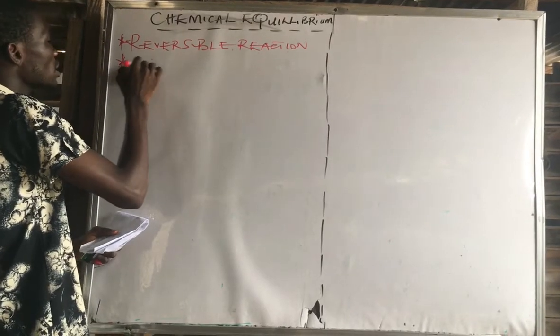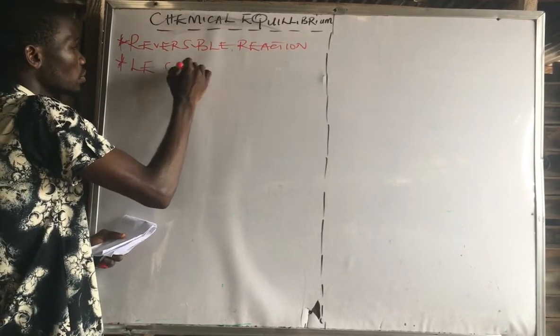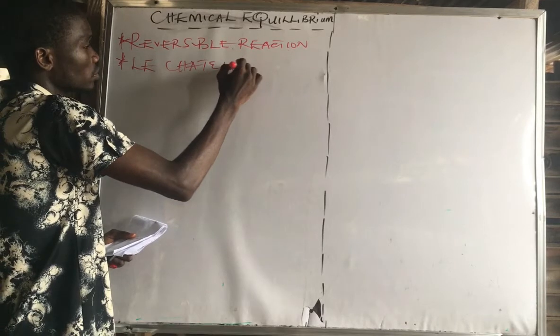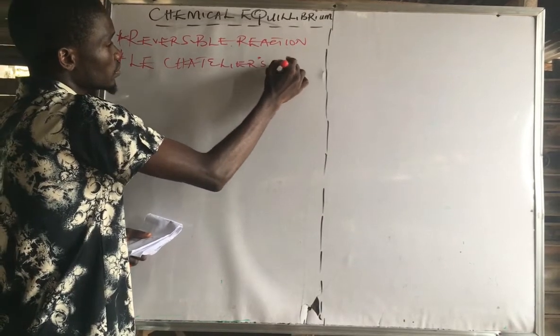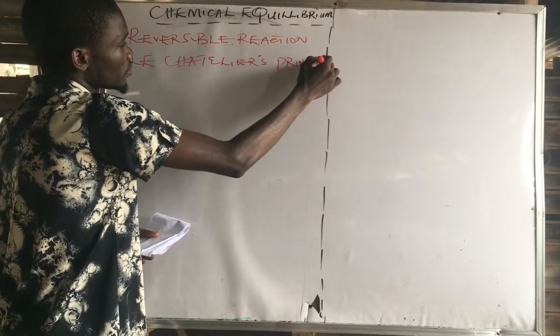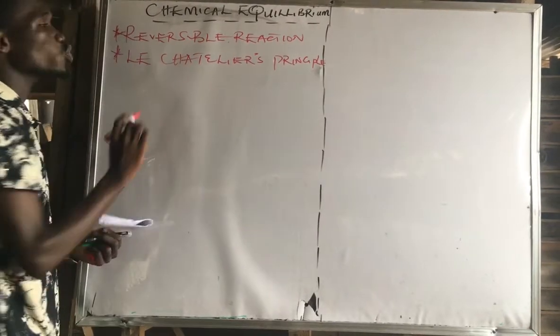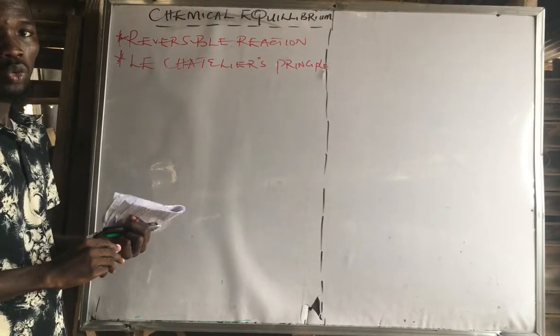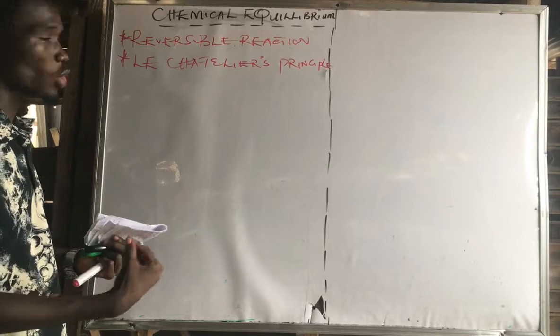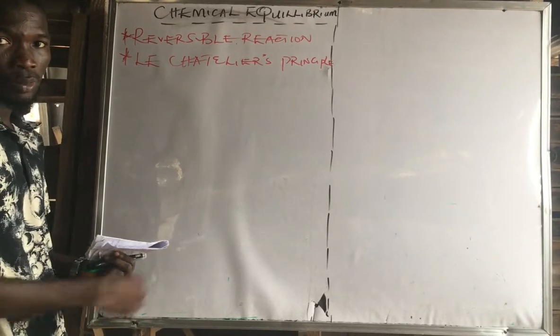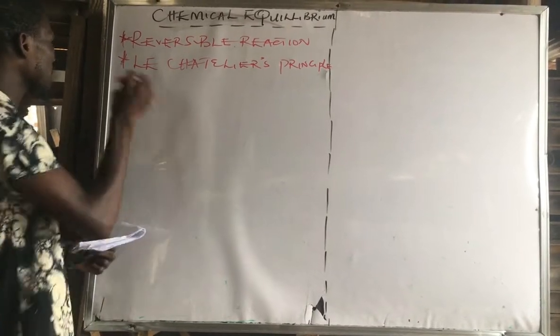The second one is Le Chatelier's Principle. These two are what we cite first before we move to the factors affecting the position of equilibrium. So let's cite that also.